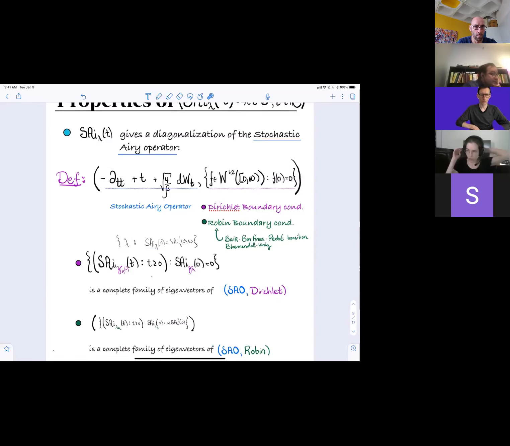And this is an eigenvector of this operator because it's 0 at 0, so it has the Dirichlet boundary condition. It decays, its derivative is in L2, its derivative is in any LP. And it's actually a complete family of eigenvectors of that operator. There's even things you could do where you change this boundary condition, and they have interpretations which are nice. Did I answer the question? Thank you. Okay.